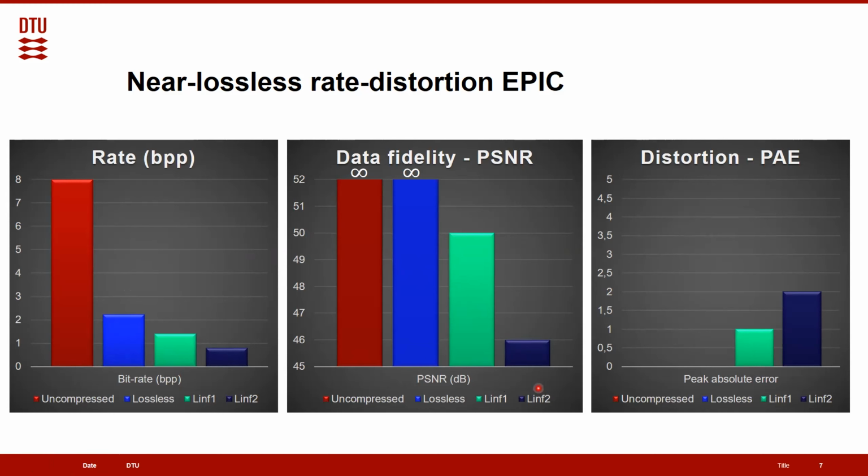And to the right, the distortion by construction is bounded by this delta, which defines the interval. So here we both have control of the peak error, or the maximum error, the inf norm error, as well as measuring the PSNR reflecting the second norm.